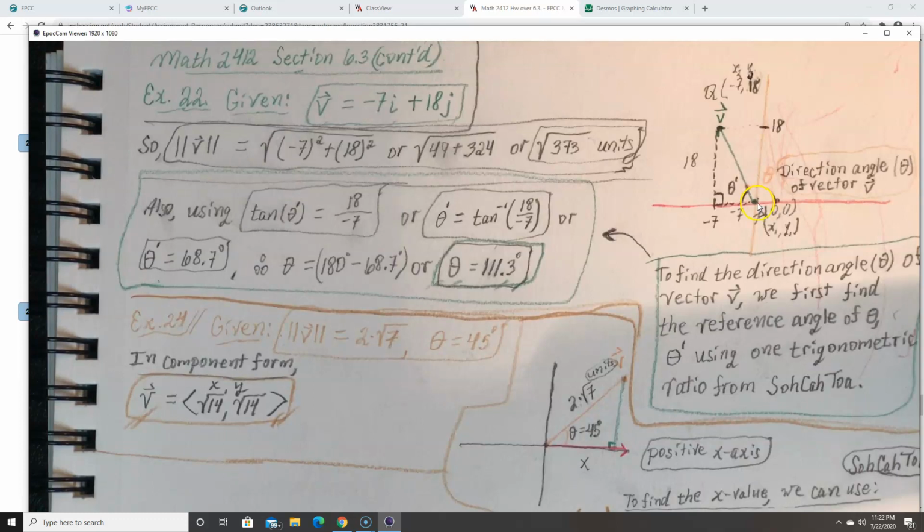So, another way to describe the direction of this vector that's in standard position, that's the reason we want to put it in standard position, is so that we can describe the direction of a vector not only by the slope, which would be rise over run, 18 divided by negative 7. That's the slope of this vector.